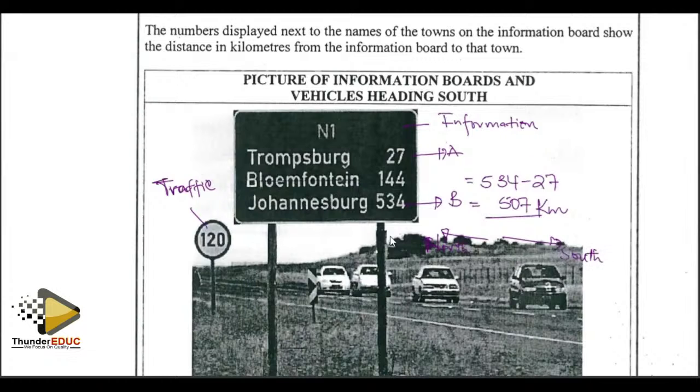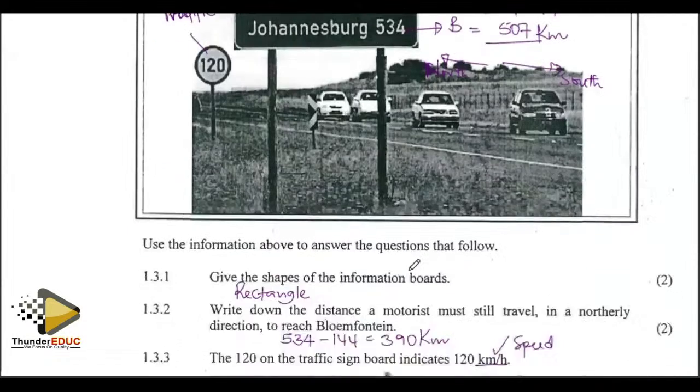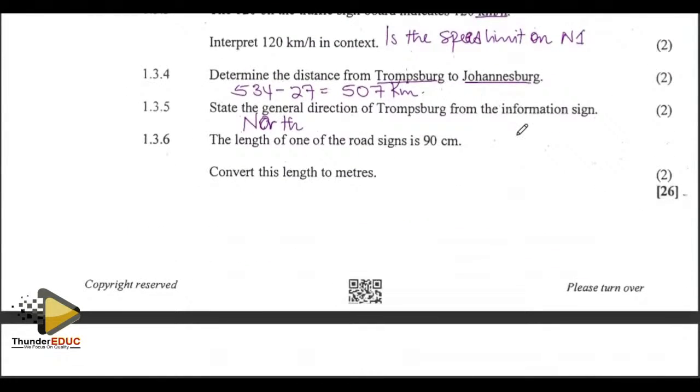The board cannot face cars that are going down. It's facing this side, which is the direction. So the cars are heading south, and the place is in the north.